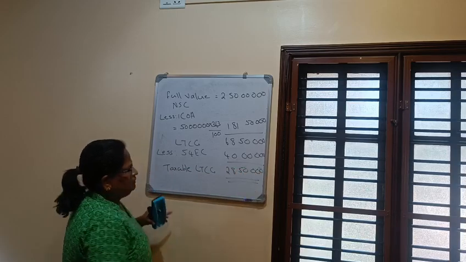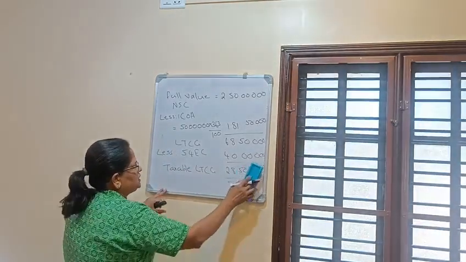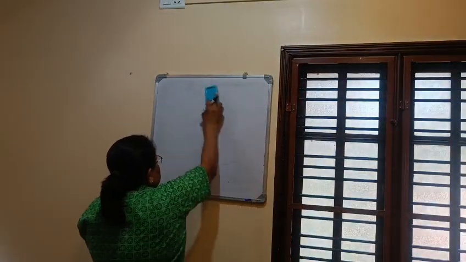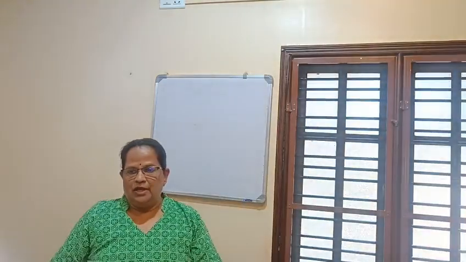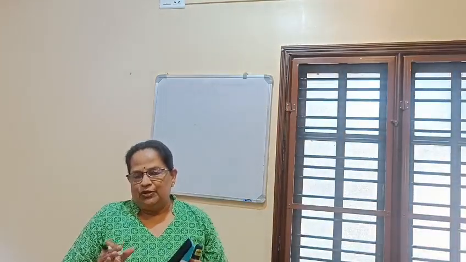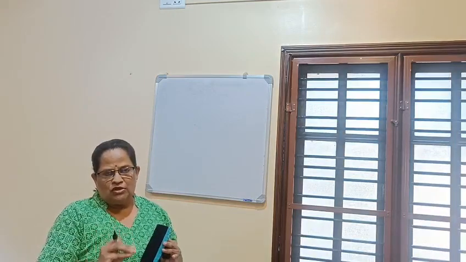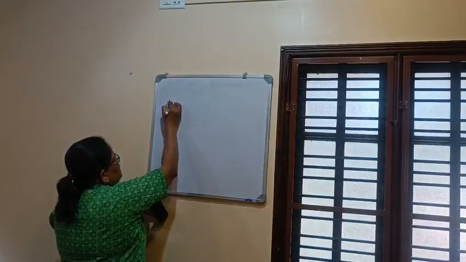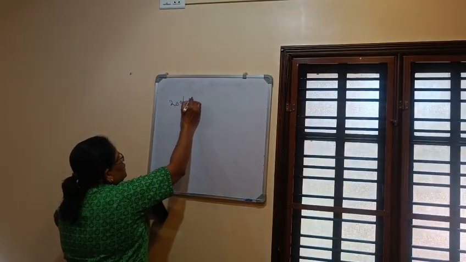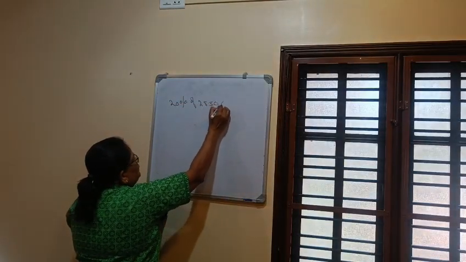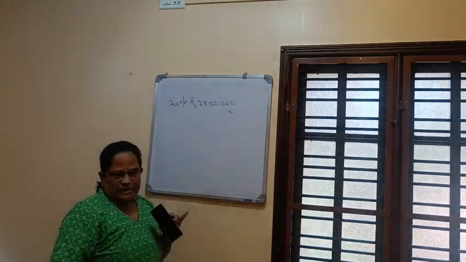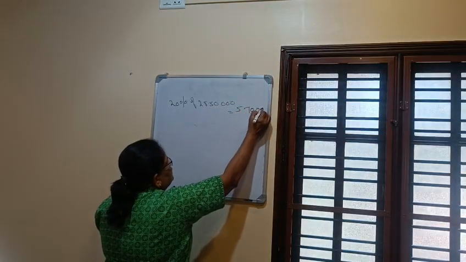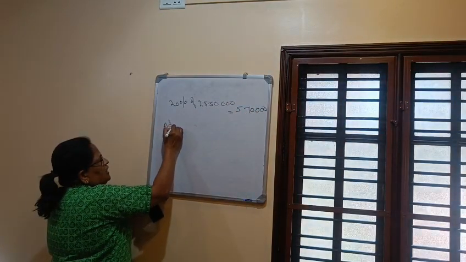Now we have to calculate the tax liability for this, with indexation. You know that in the earlier regime, long-term capital gain is charged at 20%. So tax liability is 20% of 28 lakhs 50,000, and the value is 5 lakhs 70,000. Now add surcharge if any.